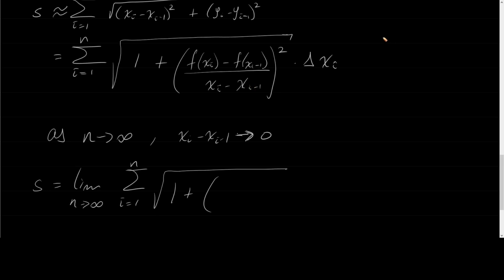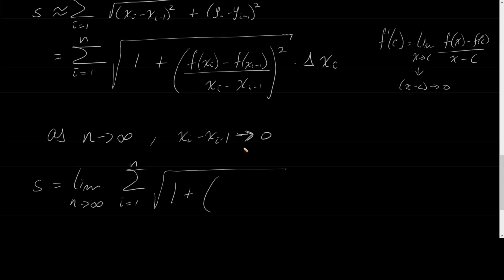Recall the alternate definition was f prime of c is equal to the limit as x goes to c of f of x minus f of c over x minus c. So that's the definition I'm talking about here. And since the distance here is going to 0, that's the same thing as saying that x minus c is going to 0.